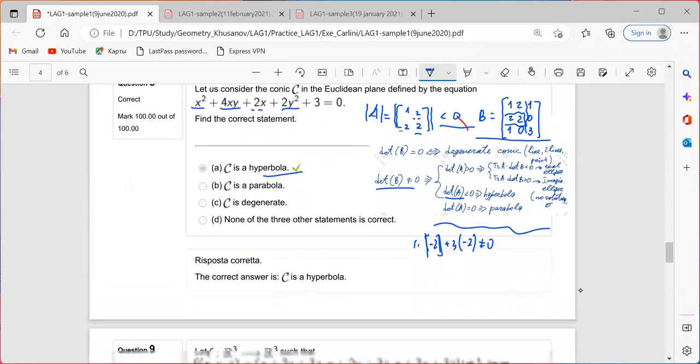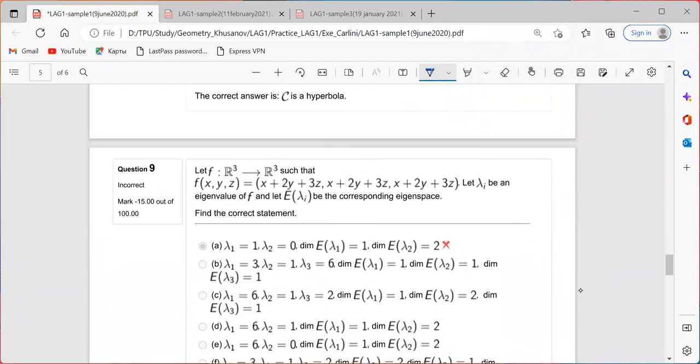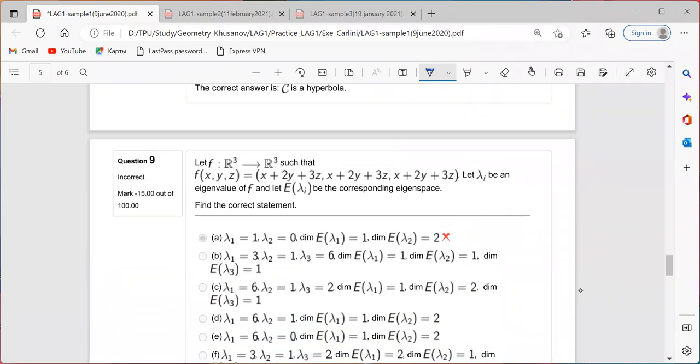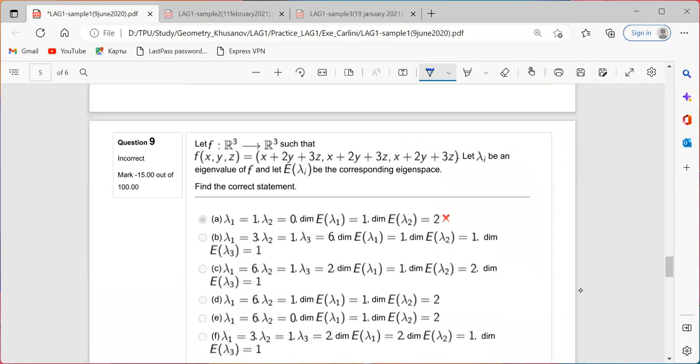Okay, next one. So what can we do now? We have some kind of endomorphism.